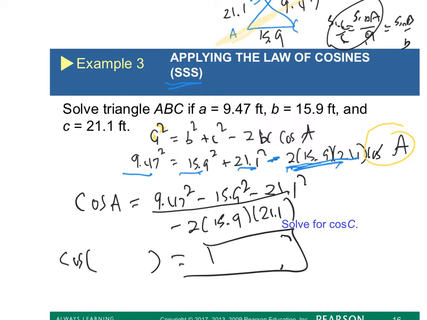I was doing the arc cosine of the answer. Let me go look. It was 0.9066. And that gave me 24.954.